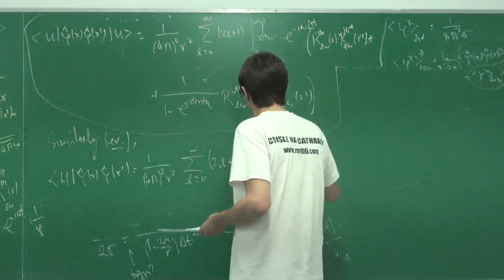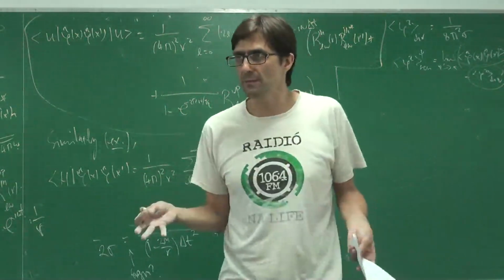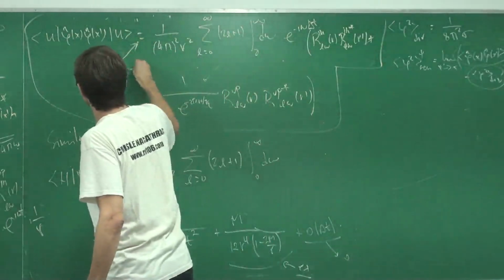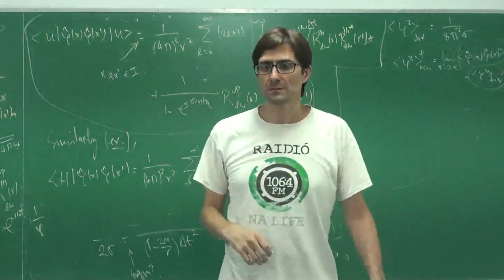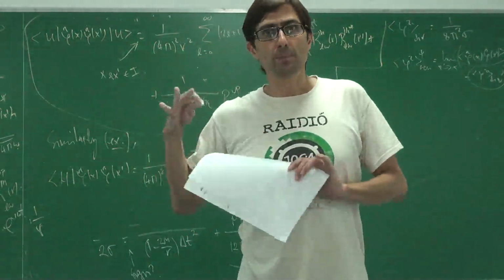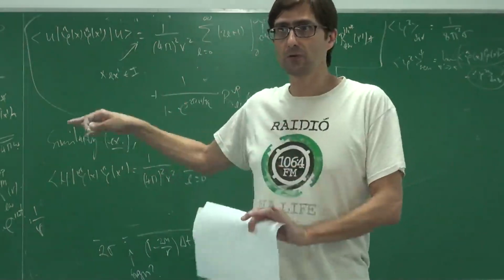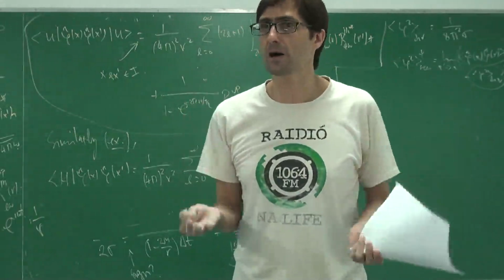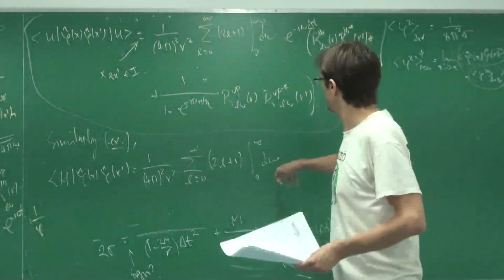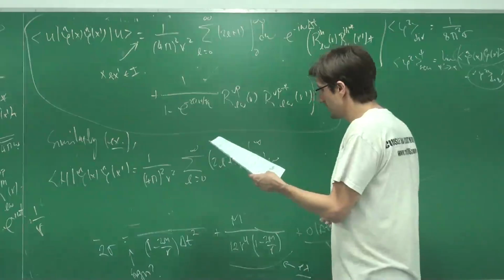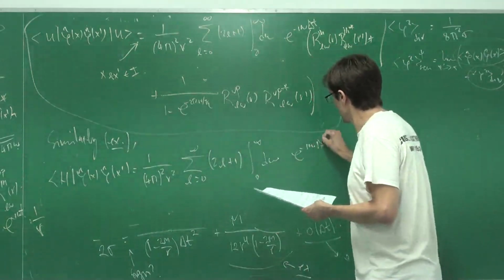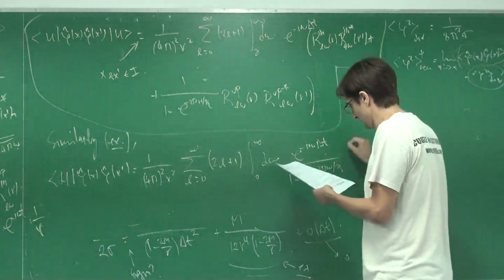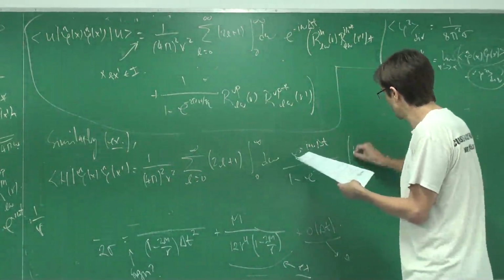The up mode part is just the same. This is true obviously only for x and x prime in region 1. The up modes are just the same as for the Unruh state, because the Hartle-Hawking state uses capital up and capital up bar just like the Unruh state. So the up part is just the same.